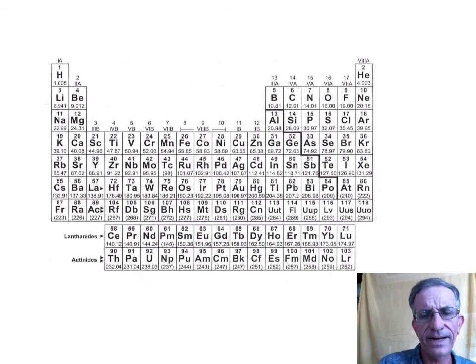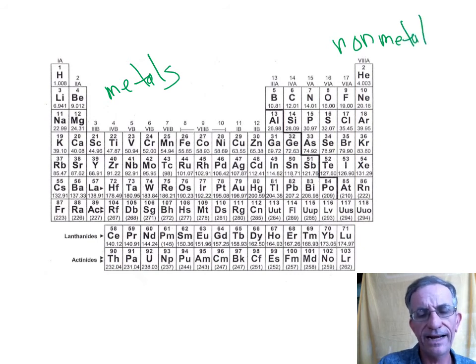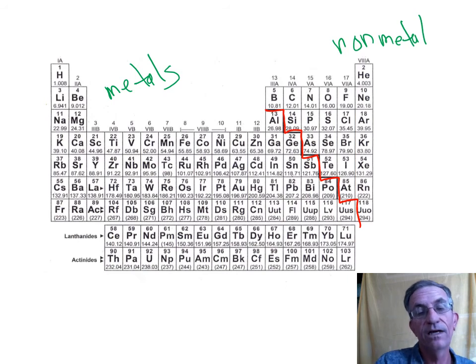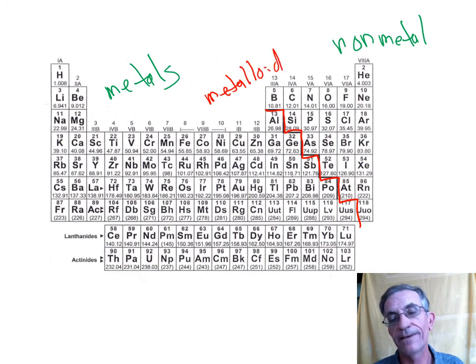To go back just a step, over here you're a metal, and over here you're a nonmetal. The dividing line is the red staircase. That divides the metals from the nonmetals. But if you're on the line, you're kind of in between, so you're going to be called a metalloid. You could also hear the term semi-metal.